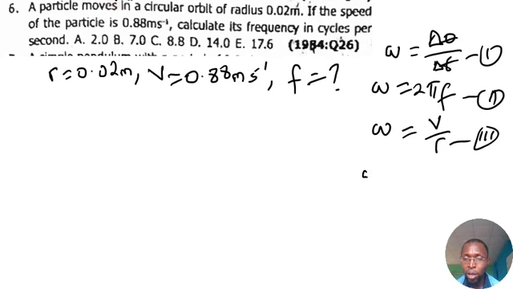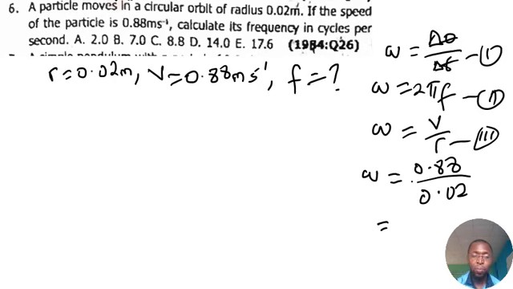So omega is equal to V, which is 0.88, over R, which is 0.02, right? If we use a calculator, 0.88 divided by 0.02 gives us 44.